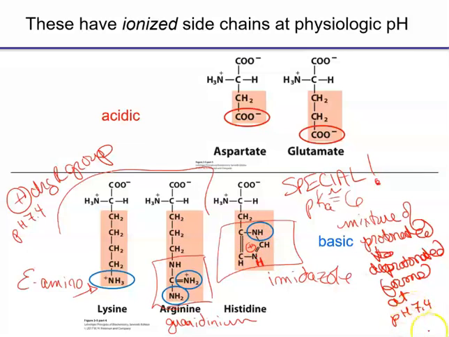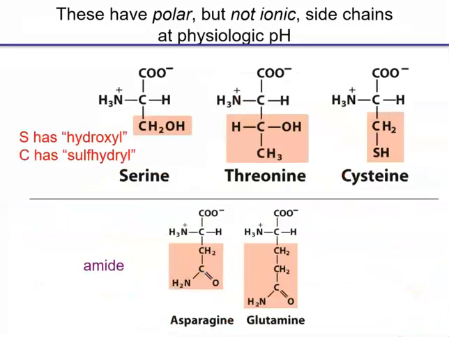Okay, let's go on. Here you see the polar but not ionic amino acids, meaning these side groups haven't developed a full positive or negative charge at physiologic pH. And so we've got serine, threonine, and cysteine. In serine we have an OH group. In threonine we have an OH group. And we could refer to this as an alcohol group, right?